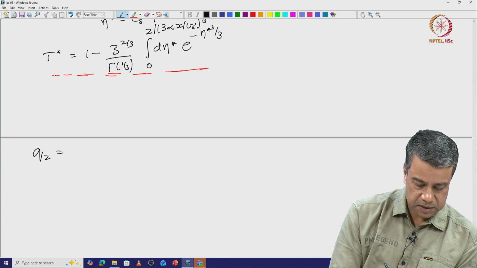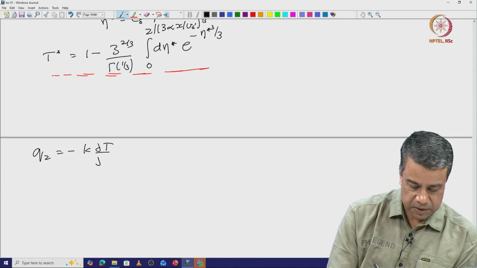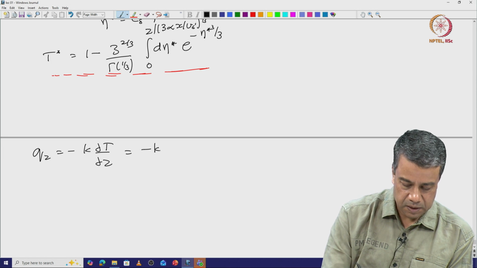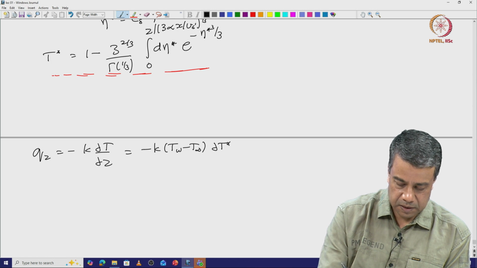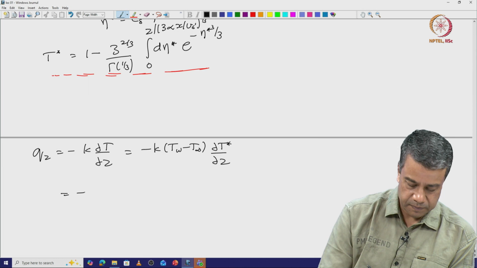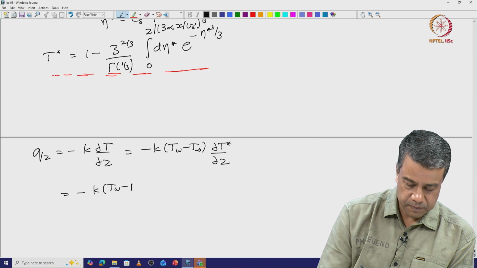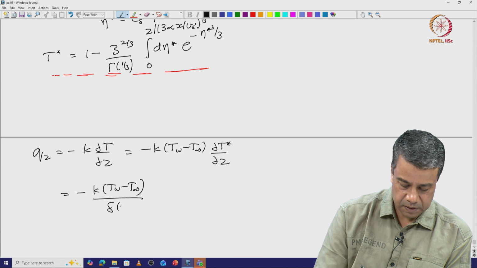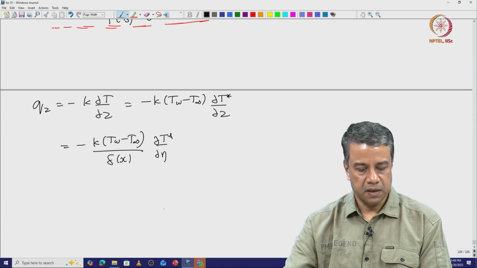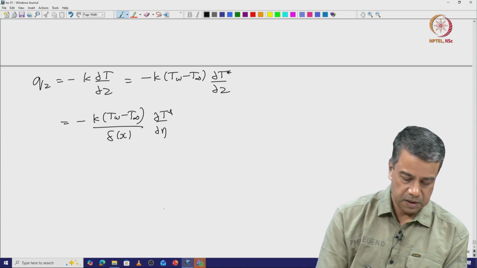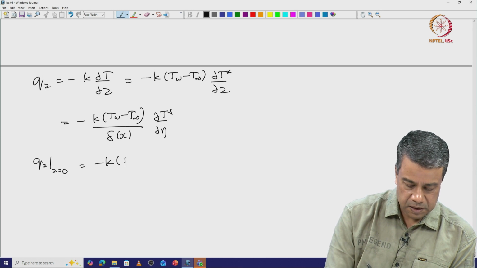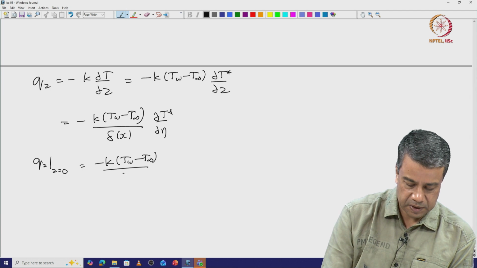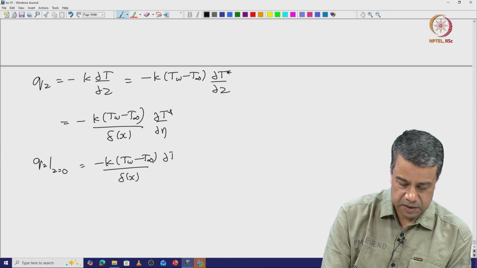The flux Qz is equal to minus k partial T by partial z, which is minus k into Tw minus T infinity, partial T star by partial z, which is delta of x, partial T star by partial eta, just expressing in terms of scaled variables. The flux at the surface, Qz at z equal to 0, is equal to minus k into Tw minus T infinity by delta of x, dT star by d eta at eta equal to 0.